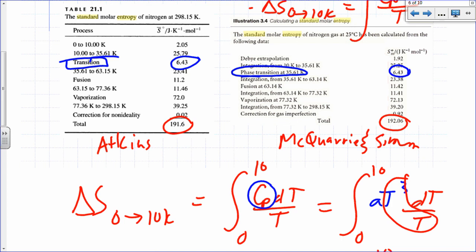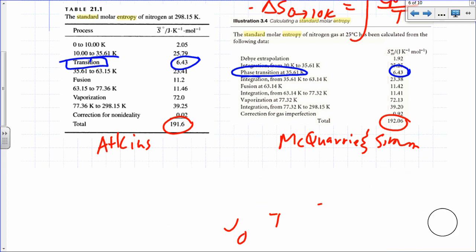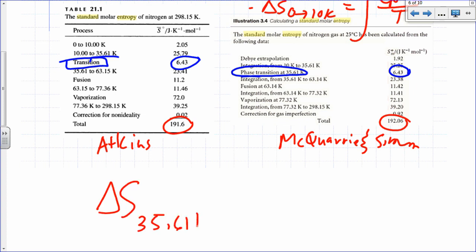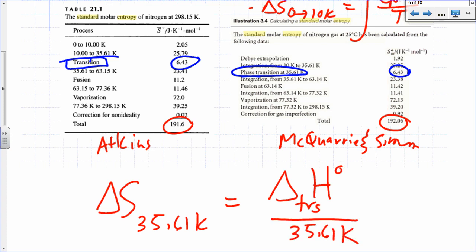Delta S at 35.61 Kelvin is the delta H for the transition at that temperature divided by 35.61 Kelvin. That's the enthalpy change for the phase transition, where nitrogen goes from one crystalline form to another.